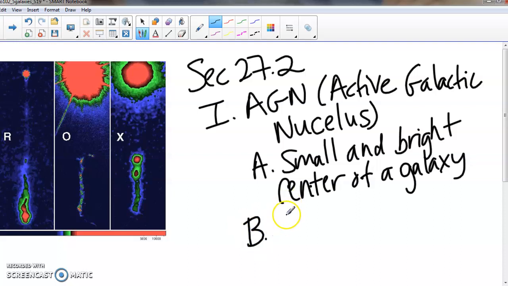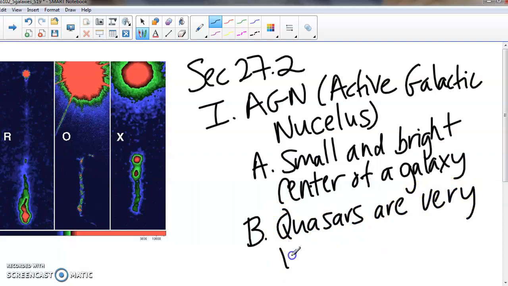So just to put that together, quasars then are very bright, very luminous AGN. And here in this picture, you can see some different images of an AGN.